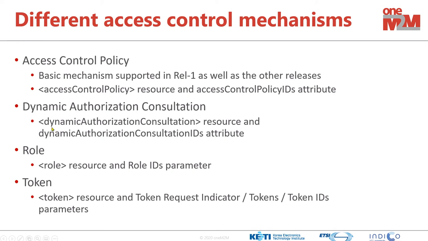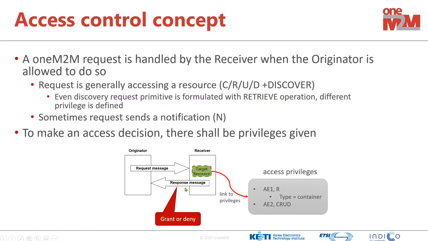And for the dynamic one, there is a dedicated resource type to use that feature: dynamic authorization consultation. Basically the difference is in the ordinary access control policy. Even though in this diagram the privilege seems to be outside the receiver, which is the CSE, this is just a depiction.